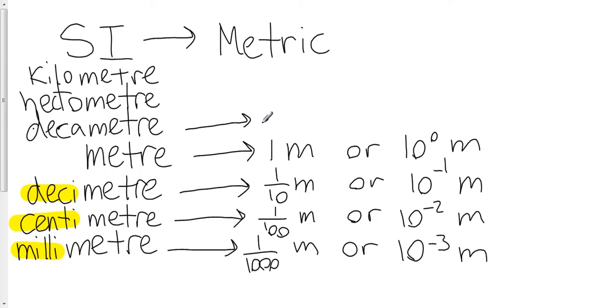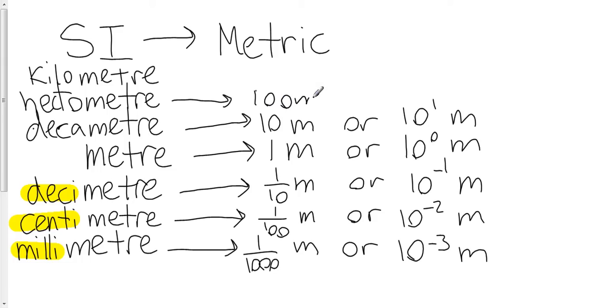Well, we have that a decameter is 10 meters, or 10 to the power of 1 meters. A hectometer is 100 meters, or 10 to the power of 2 meters.